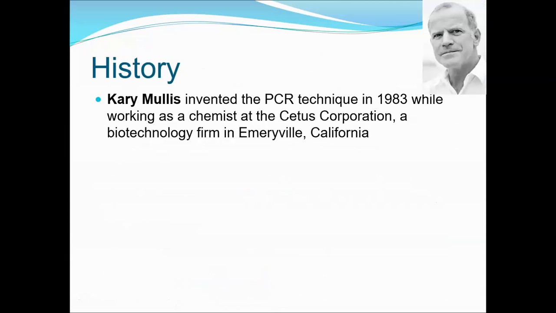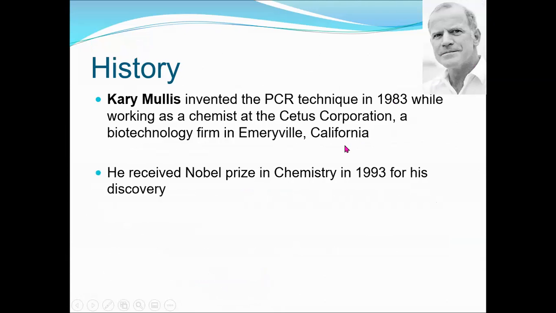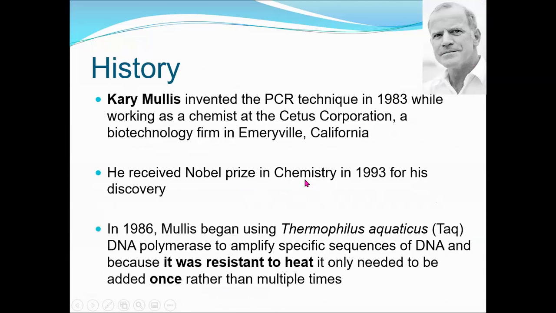So now let us see the history. Kary B. Mullis was the inventor of the PCR technique in 83, when he was working as a chemist at the Cetus Corporation in California. And for this, he got the Nobel Prize 10 years later, in 93, in chemistry for his discovery. During that time, he was using the normal E. coli DNA polymerase.